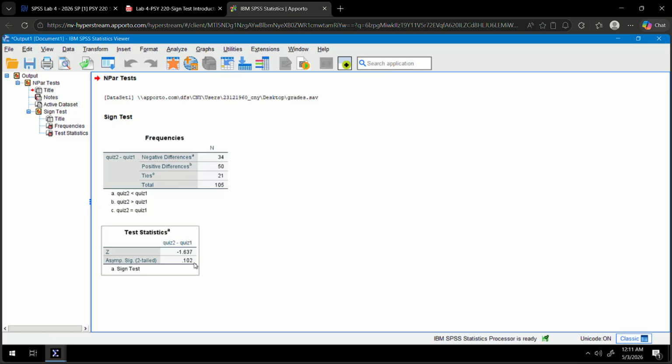We're only interested if quiz 2 is greater than quiz 1. So we're doing a one-tailed test. This p-value is a two-tailed test. So we have to divide this in half to get the one-tailed probability. And the one-tailed probability is going to be half of this, which is 0.051, which is still not good enough to reject the null hypothesis. So we'd still fail to reject the null hypothesis, but we're a lot closer if we're doing a one-tailed test.